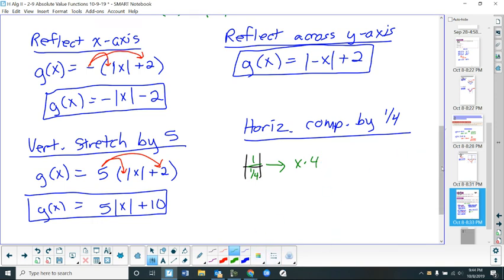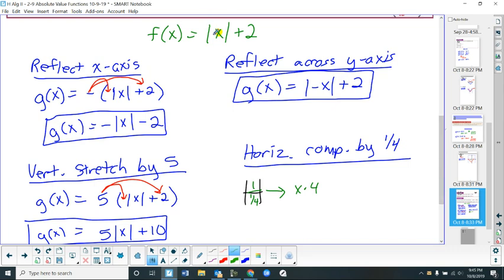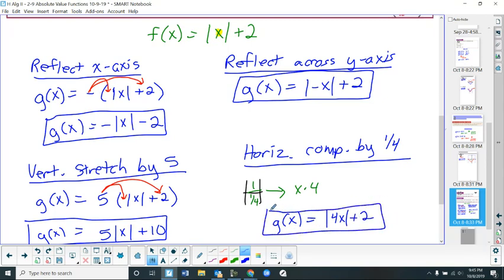So now we're going back into this equation up here, and everywhere I see an x, I'm putting in 4x. So I have g of x equals absolute value of 4x plus 2. That's the only time you're allowed to multiply inside the absolute value, when you are doing a horizontal stretch or compression. And we're done.